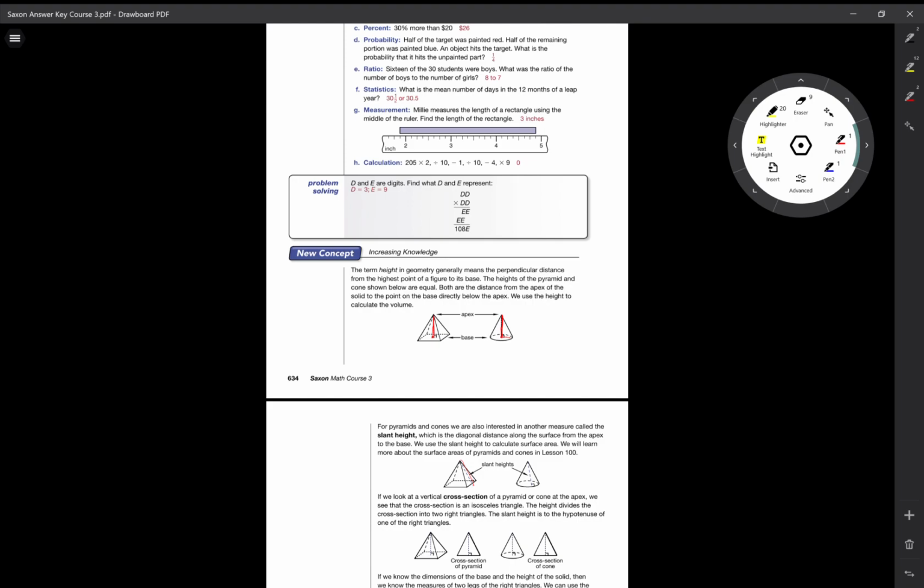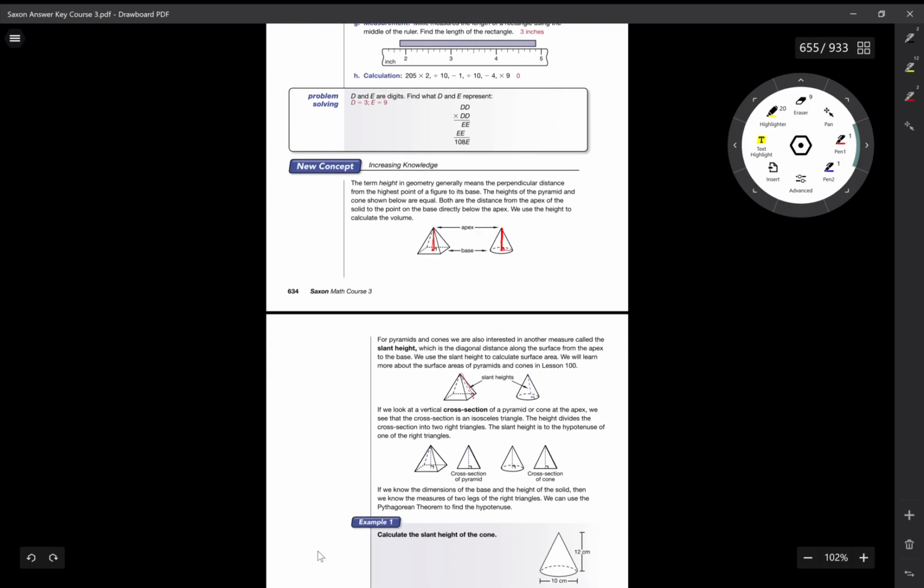If you went sledding down a pyramid, you would slide down the slant height. Likewise, on your ice cream cone, you hang on to that slant height side, the side of the cone. So not straight down the middle, okay? The slant height. We learn more about the surface areas of pyramids and cones in lesson 100, okay?